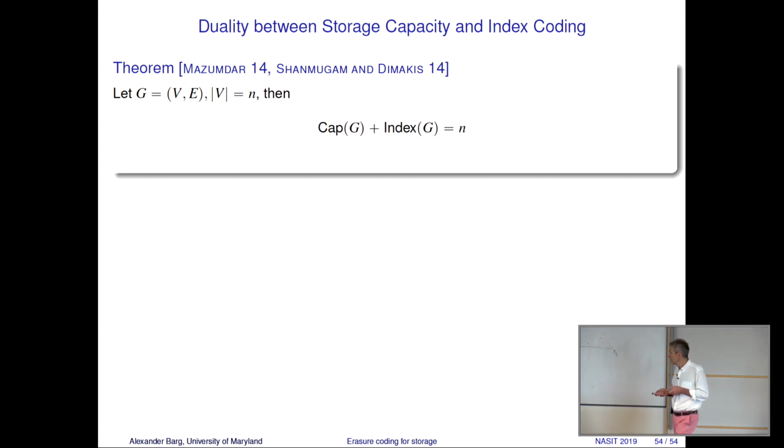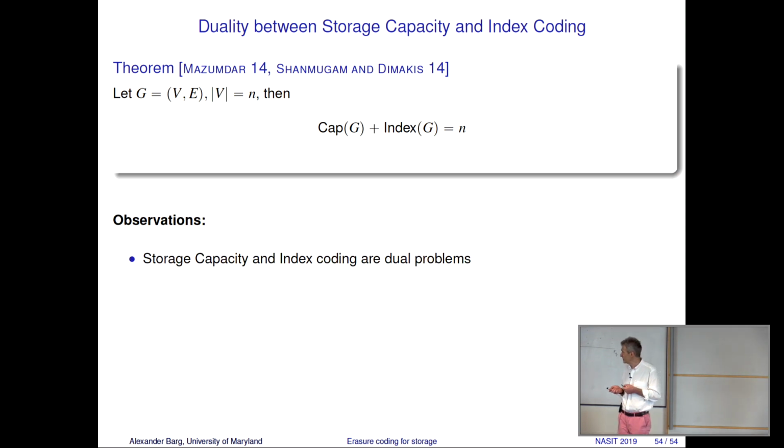It has been shown that index coding capacity and storage capacity determine each other. You know one, you know the other.